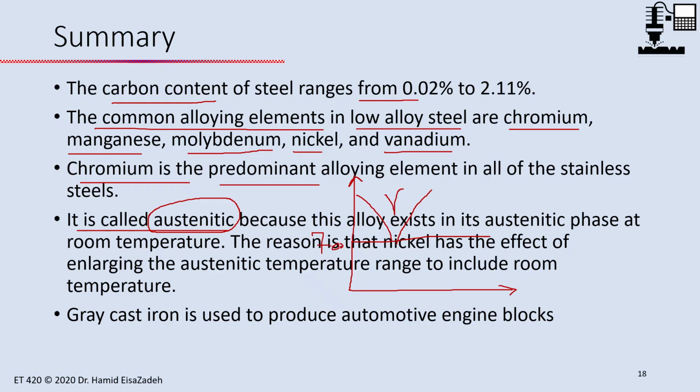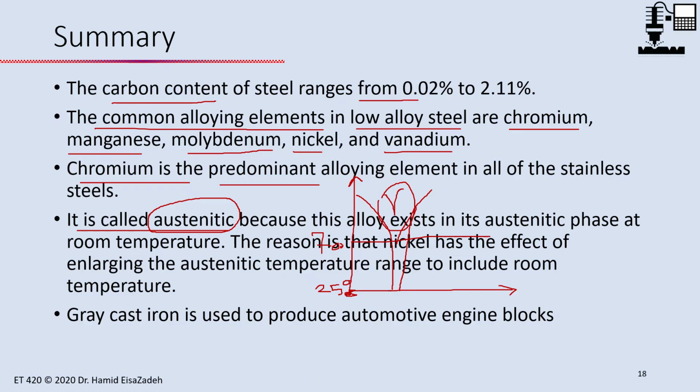But when you add nickel, this curve can come down to room temperature, 25 degrees Celsius. So this curve is going to be shifted toward room temperature. So the austenite is going to be stabilized at room temperature. Nickel is called an austenite stabilizer.